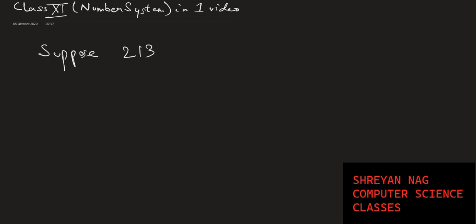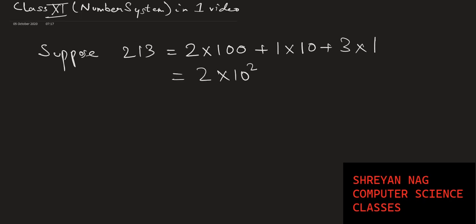So 213 can be written in the form of 2 into 100 plus 1 into 10 plus 3 into 1. So basically it can be written as 2 into 10 to the power of 2 plus 1 into 10 to the power of 1, then 3 into 10 to the power of 0.